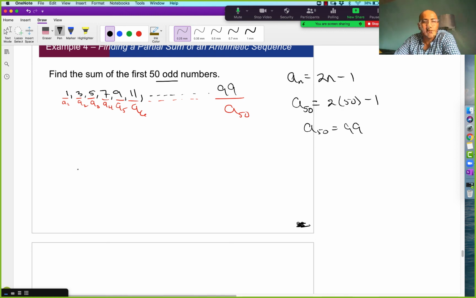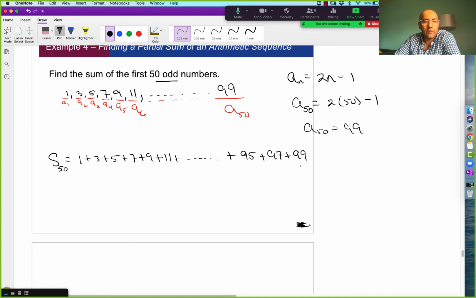So the sum of the first 50 odd numbers is really the same thing as S sub 50 equals 1 plus 3 plus 5 plus 7 plus 9 plus 11 plus dot dot dot all the way out to the last one, 99, but the one that came right before it would be 97. The one that came right before that would be 95.